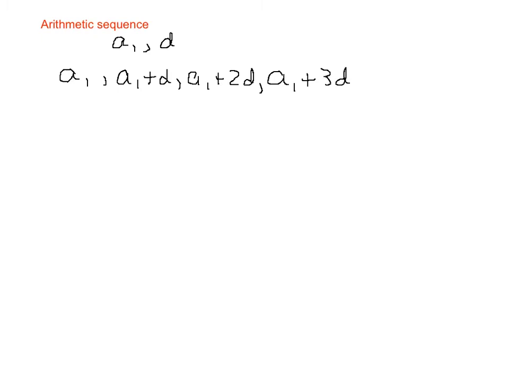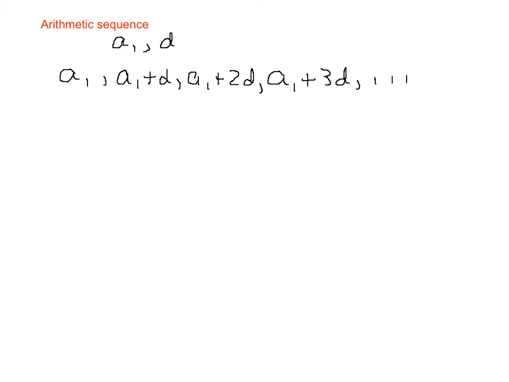Okay, so an arithmetic sequence is one in which we know what the first term is, and we know what we are adding in each case to get the next term. So if I write down the terms, the first term is a sub 1, and then a sub 1 plus d, and then a sub 1 plus 2d, and then a sub 1 plus 3d, and so on.